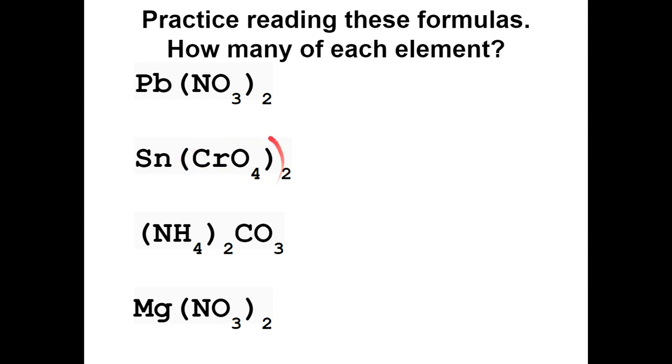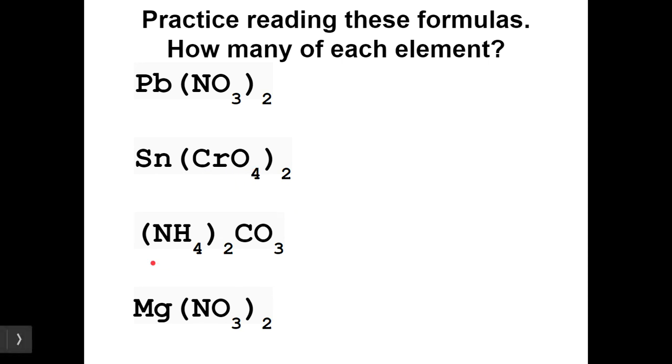It's inside the parentheses. So 2 times 1 chromium inside the parentheses is 2 chromiums, okay? And 2 times 4 oxygens within the parentheses, 2 times 4 is 8. So that's 8 oxygens, okay? So you've got 1 tin, 1 Sn, 2 chromiums, and 8 oxygens.